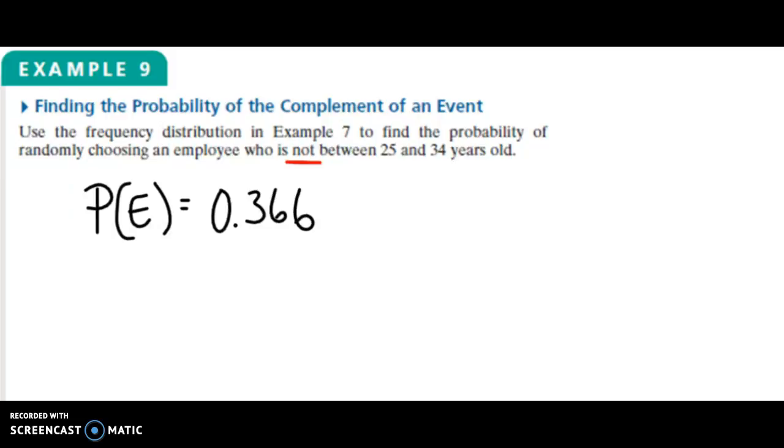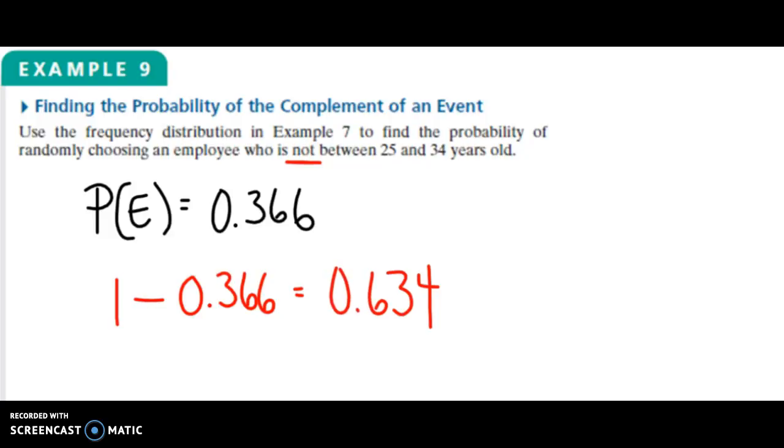So the probability of not choosing someone in that age range would be 1 minus 0.366. So I go to my calculator and I take 1 minus 0.366 and I find it to be 0.634. So the probability of not choosing someone between 25 and 34 years old is 0.63%.